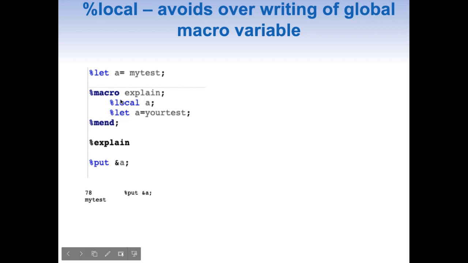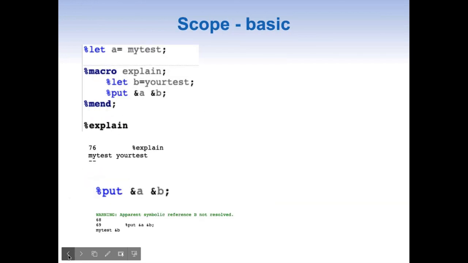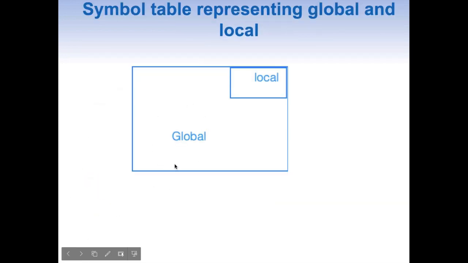This can be easily done with the help of %local. So whenever you create a macro variable in a macro, if you write a %local and mention that macro name, it will not look into this global space and it just gets restricted to this, and it doesn't care whether the same name macro variable is here.